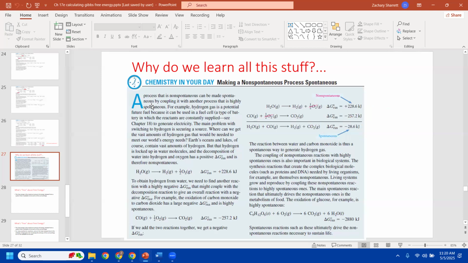So what you can see here is glucose reacting with oxygen to make, anybody know what the name of that reaction is called? Taking glucose, reacting with oxygen to make carbon dioxide and water. It also produces energy. Is that spontaneous or non-spontaneous based on that negative 2880? Spontaneous, right?